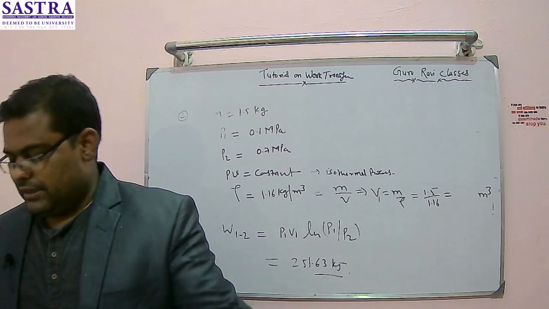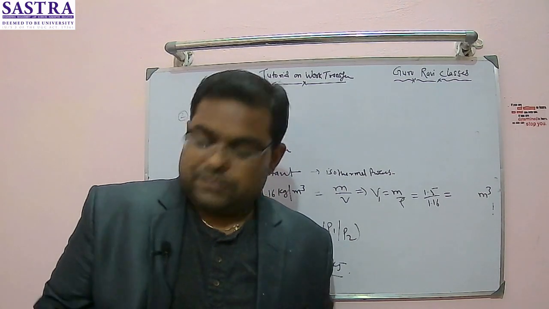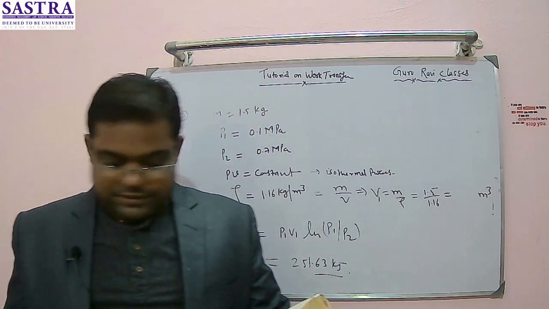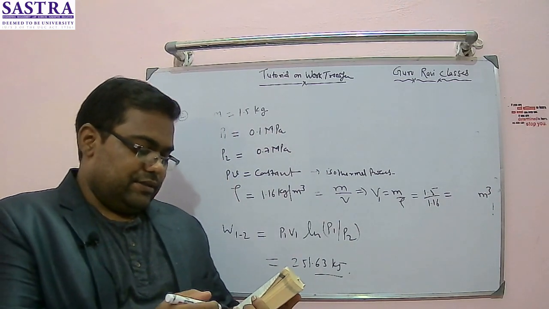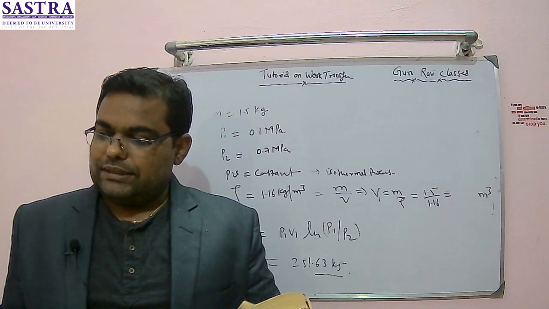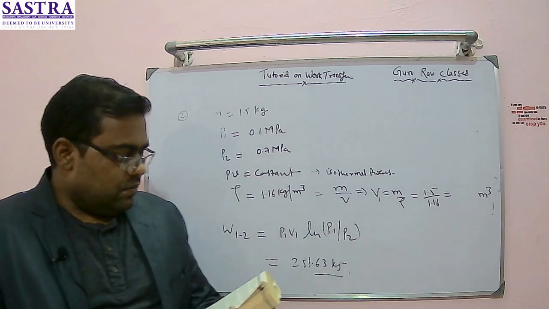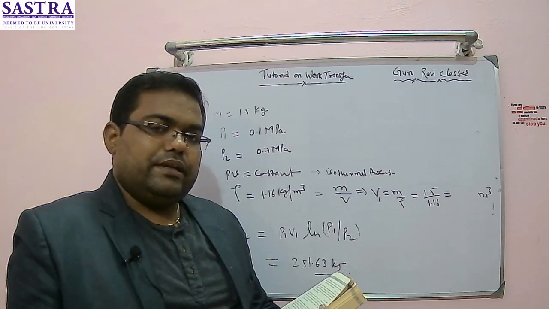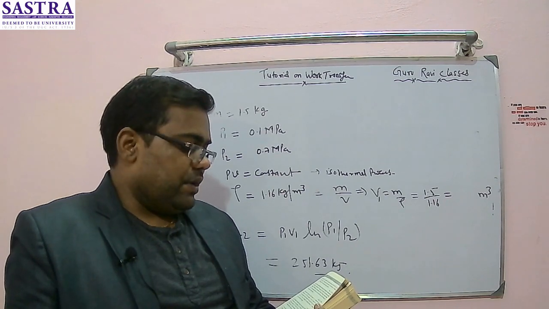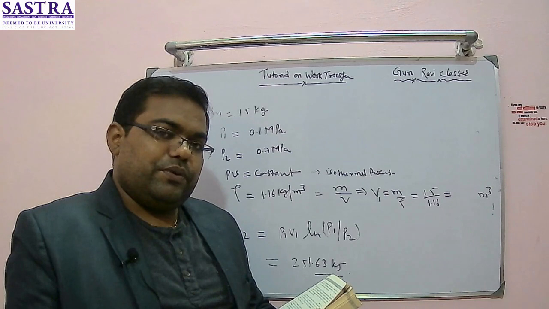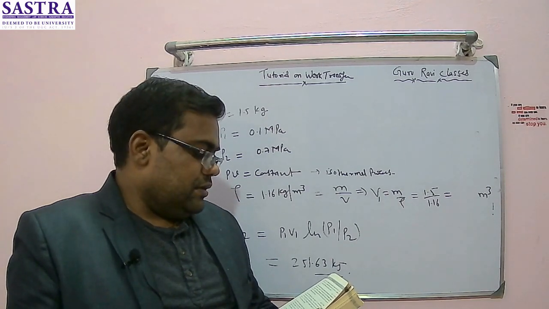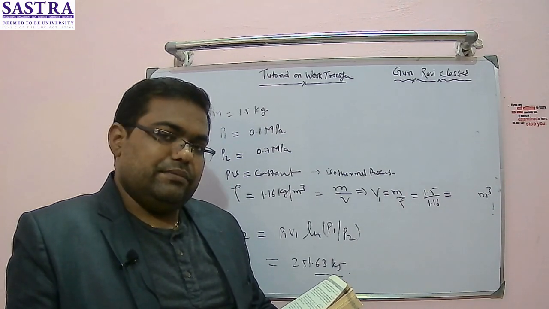Now I will take the next numerical problem. Alright. Next problem: a mass of gas is compressed in a quasi-static process from 80 kilopascal, 0.1 meter cube to 0.4 megapascal, 0.03 meter cube.